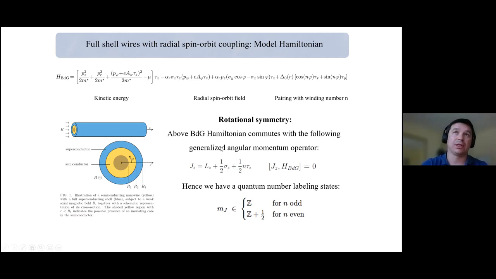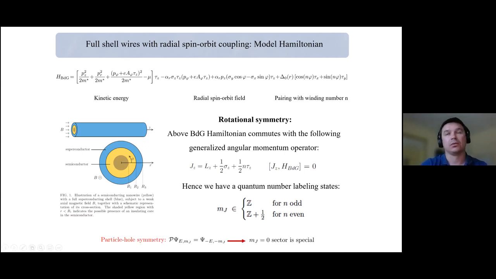This symmetry is a generalized angular momentum operator, which is a combination of angular momentum, spin, and also the Nambu momentum, which depends on the winding of the superconducting phase. This operator commutes with the Hamiltonian, so it's a good quantum number, and therefore, in this ideal cylindrical geometry, we can label all these states in terms of m_j and identify odd and even sectors.